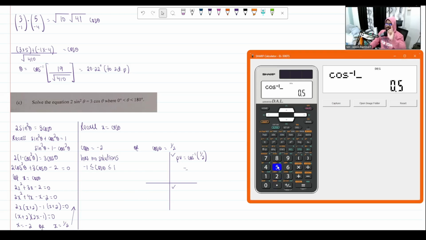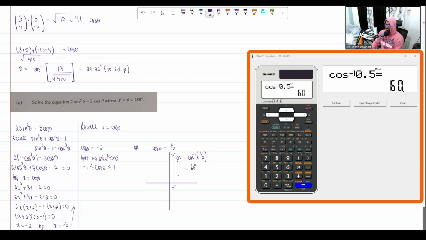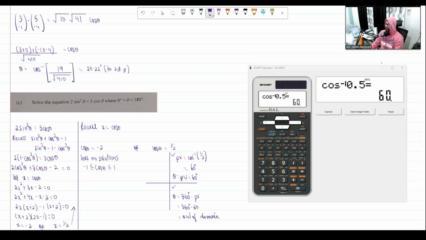They gave us the domain in degrees, so my calculator must also be in degrees. 60 degrees, sorry. In the first quadrant, theta is the principal value, which is equal to 60 degrees. In the fourth quadrant, theta is 360 take away the principal value, 360 take away 60, which is out of the domain.